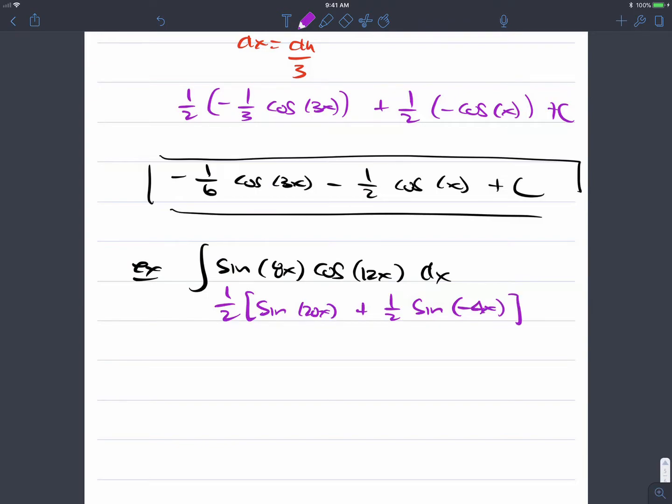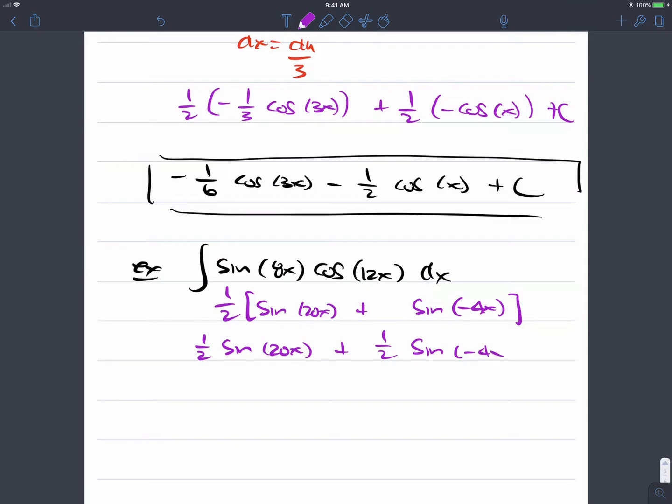So when we distribute, we get 1/2 sine 20x. Oops. Looks like you already did distribute. 1/2 sine negative 4x.